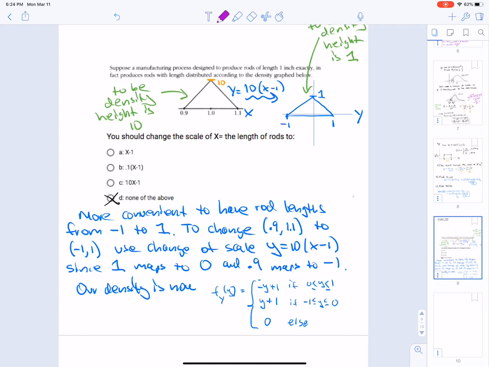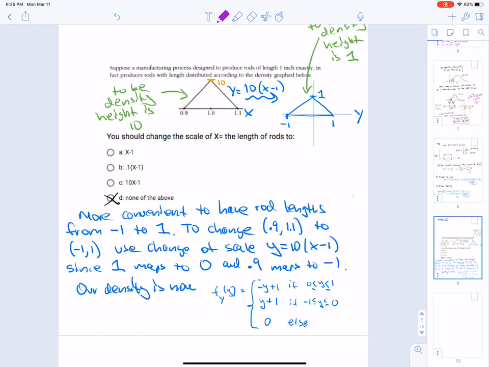So x taking values between 0.9 and 1.1, it'll be much more convenient for x to take values between -1 and 1, so that the average is 0 instead of 1. So we're going to make a change of scale here.